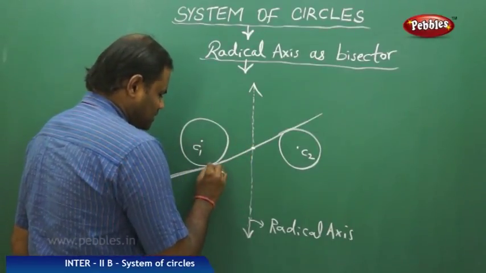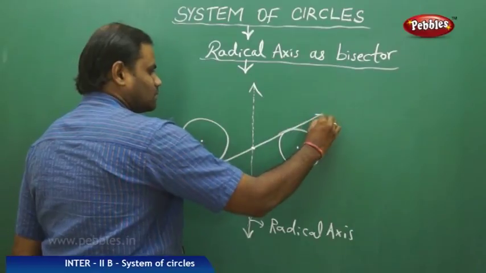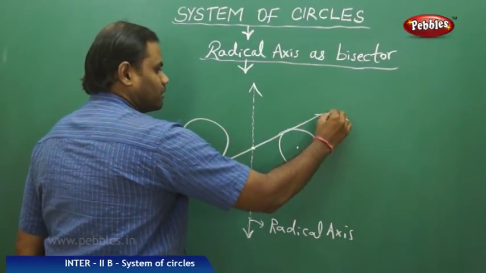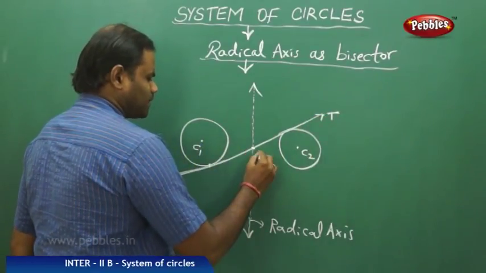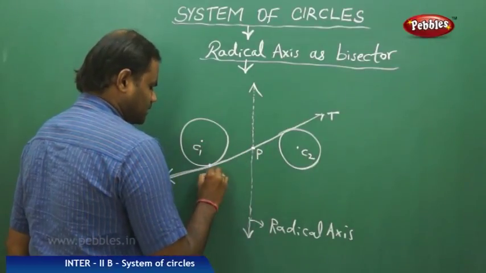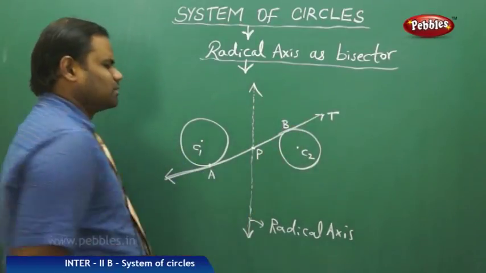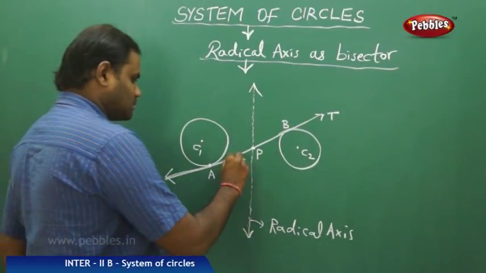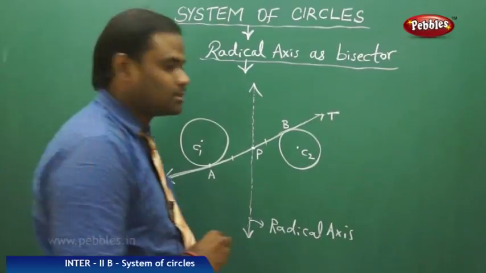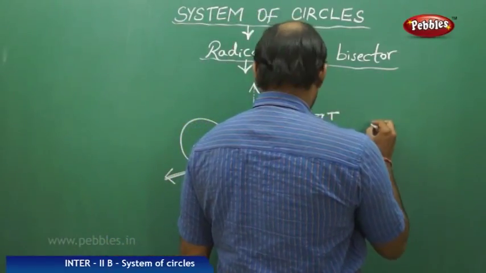That is, if this is the common tangent where I have P is this, and let me say it makes point of contact A with circle C1 and point of contact B with circle C2, then this will be equal to this. That is what the radical axis as bisector states.